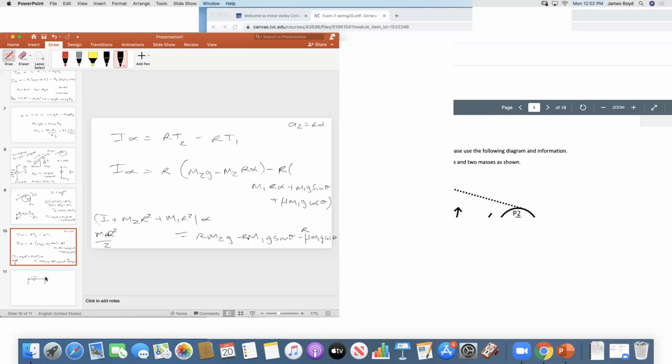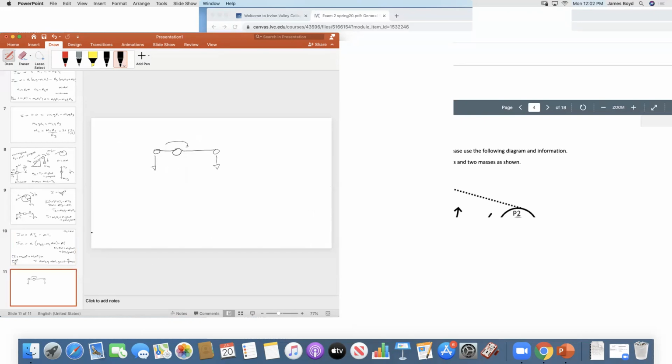But what I was going to say is if I asked you to solve for alpha, so I gave you the angle and I gave you M1 and M2 and I gave you the pulley moment of inertia, you could find alpha. And then once you find alpha, you know that A for both of these is equal to R alpha.